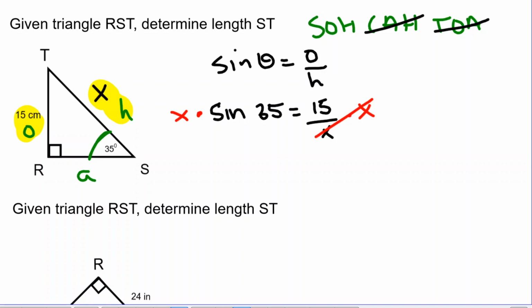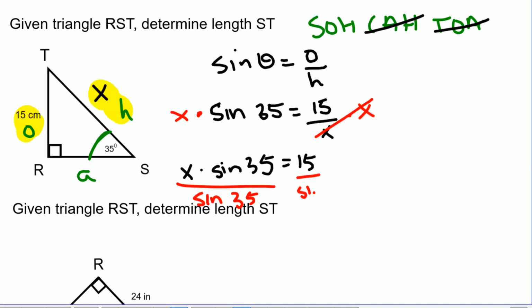We want it to be up in the top. So I have x times sine 35 equals 15, but x is still not by itself. So now I divide both sides by sine 35. So x is equal to 15 over whatever value sine 35 happens to be.